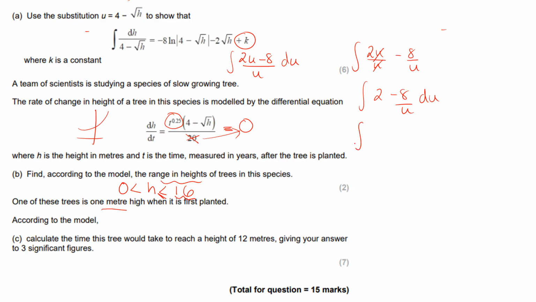We're going to take the 1 over 4 minus root h dh on one side, equal to the 0.25 over 20 dt, because then we're going to be able to get t as the subject. So even though it didn't say solve, that's the thing that we need to do.